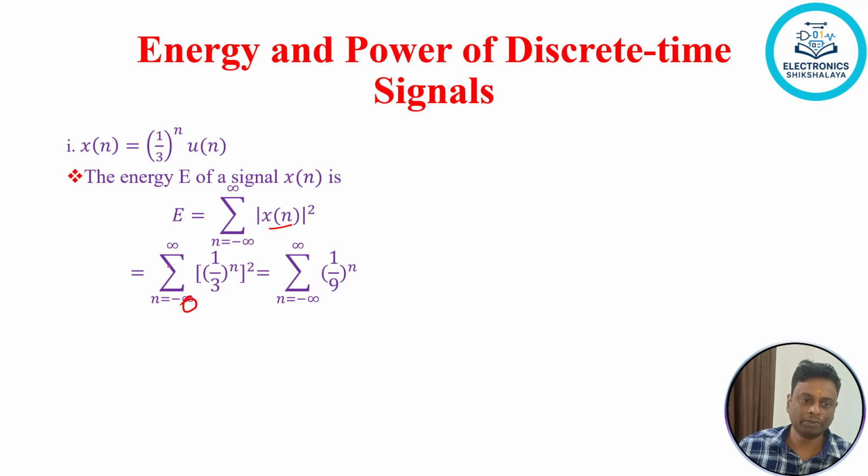I can write 1 upon 3 as square to the power of n. So that is 1 upon 3 square, it will be 1 by 9 to the power of n.